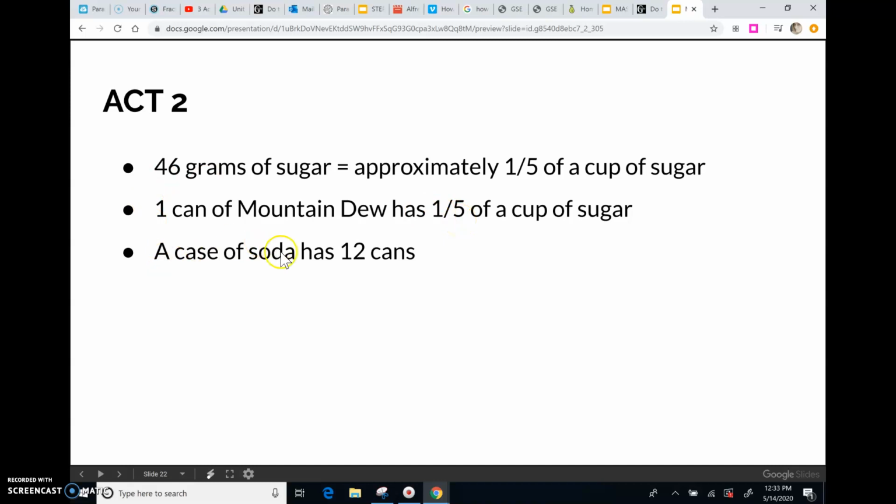A case of soda has 12 cans. So 1 can is 1/5 of a cup of sugar, and the case of soda has 12 cans. At this point, I'd like you to pause the video and see if you can determine how much sugar is in a case of Mountain Dew.